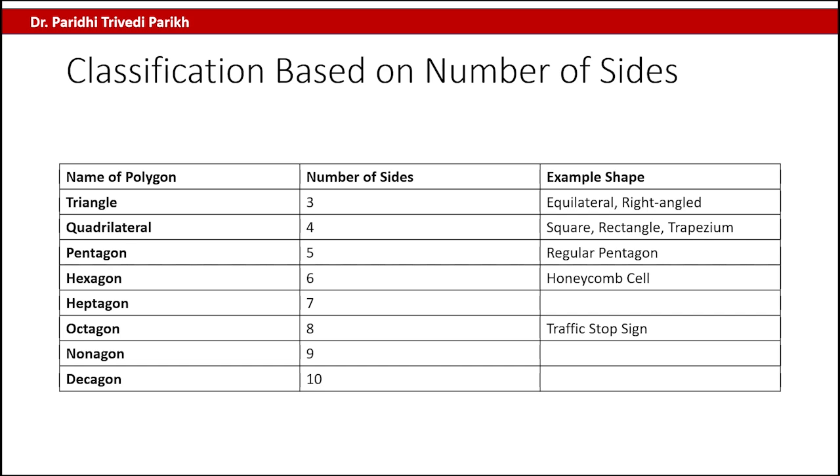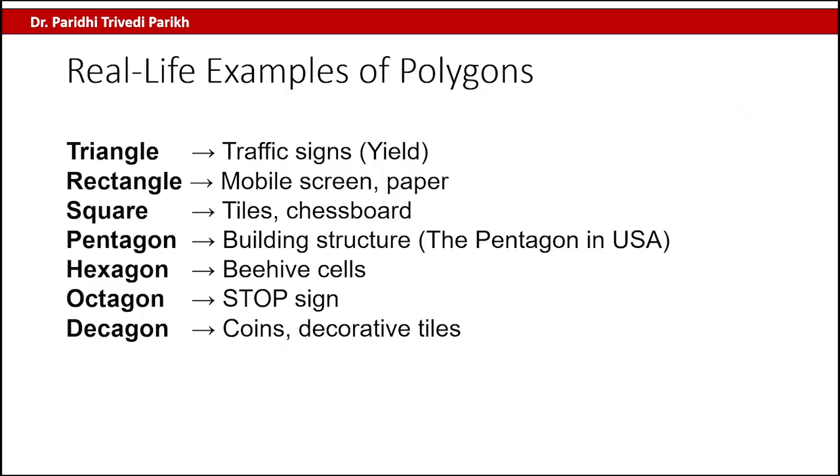Now, where do we see such polygons in real life? Equilateral triangles and right angle triangles are triangles. Quadrilaterals include square, rectangle, trapezium. A regular pentagon we see as well. A honeycomb cell is a hexagon. A traffic stop sign on roads is in the shape of an octagon.